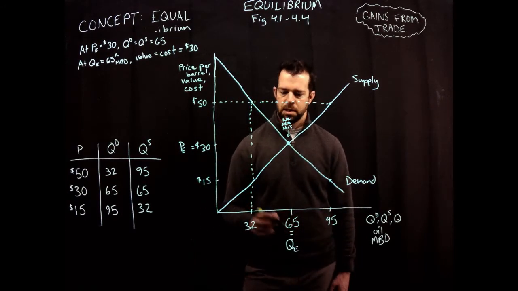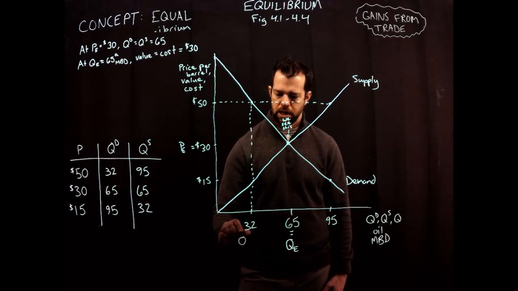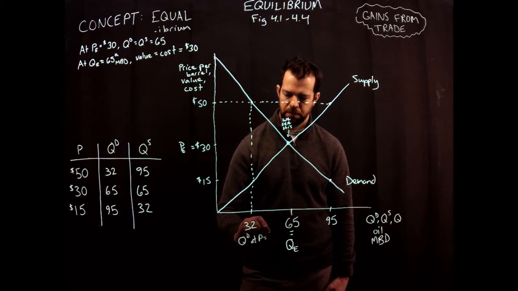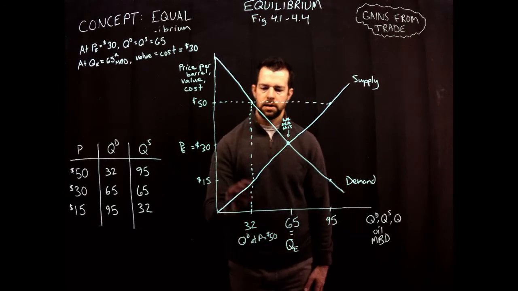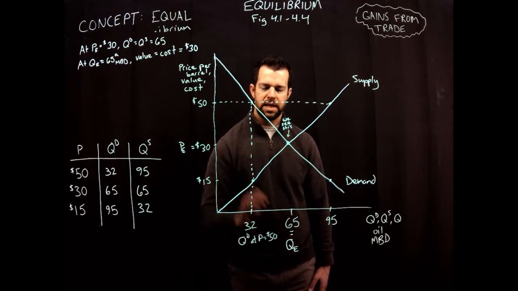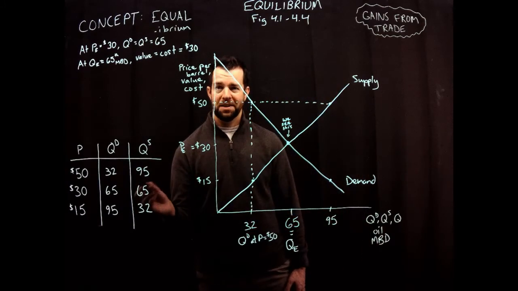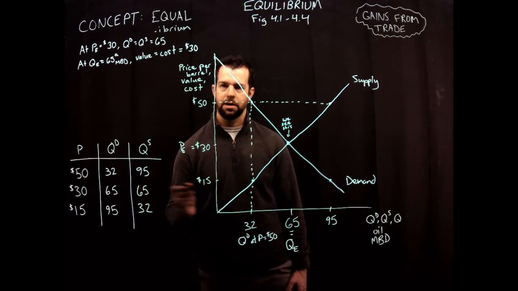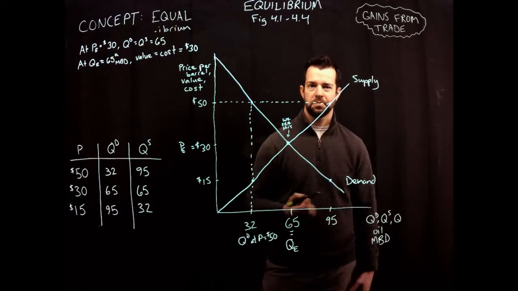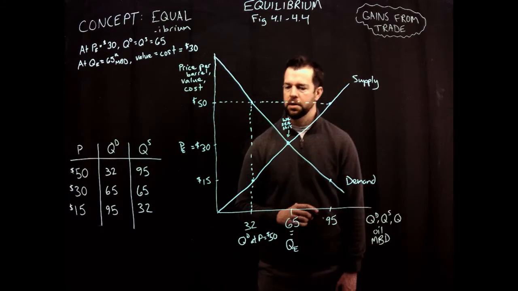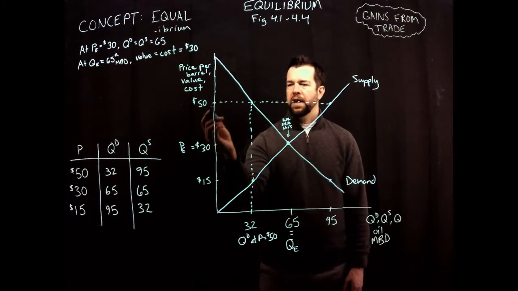This becomes our quantity demanded at a price equal to 50. We're going to reuse that line just to make it less messy. In fact, I modified some of the data, like these two points right here, to make this a lot cleaner. It doesn't change the concept, just makes it easier to draw. Follow that $50 price line.